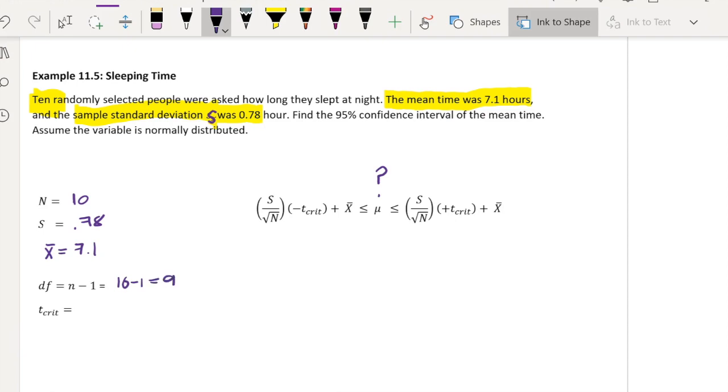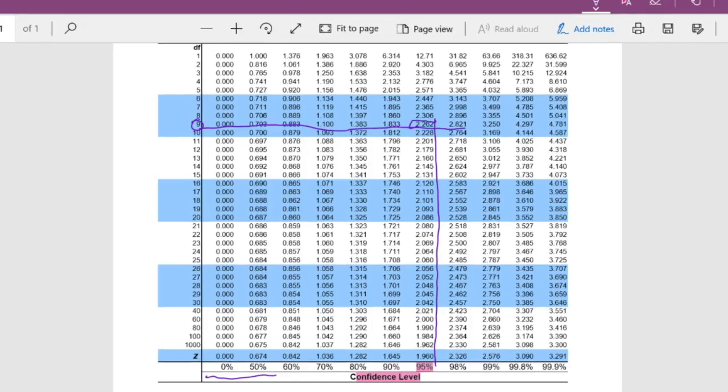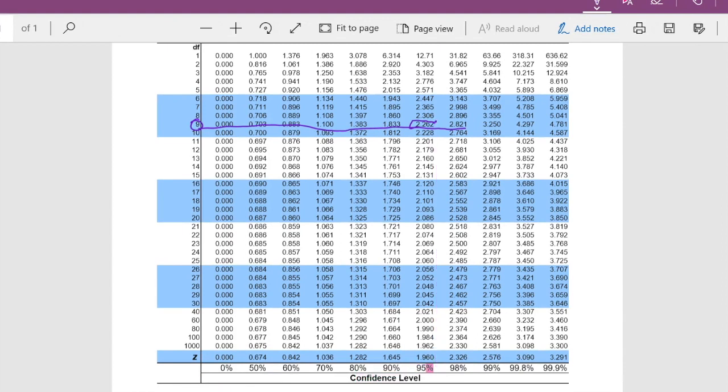To find my t-critical, this part of the equation, I need to use my table. I'm going to erase this like I hadn't recorded this problem 100 times. So for the t-table, you need to use the bottom of the table where it says confidence level. For our problem, it's going to be 95%. Let me show you where I got that.